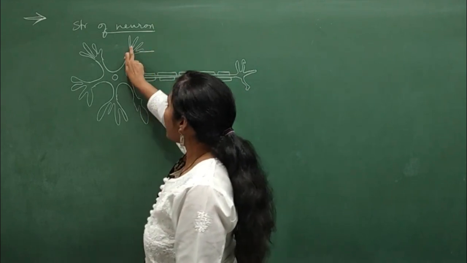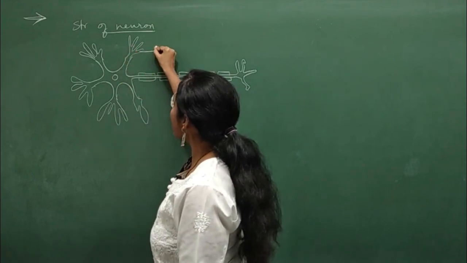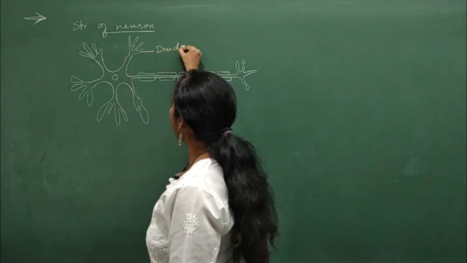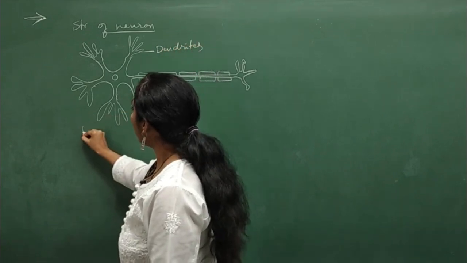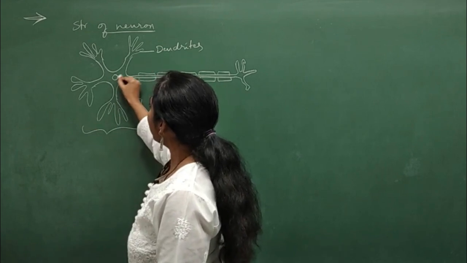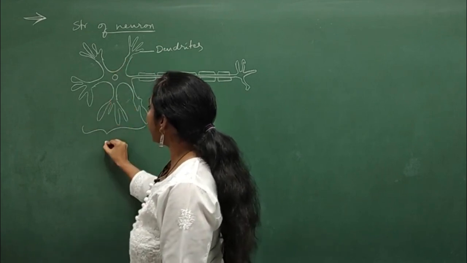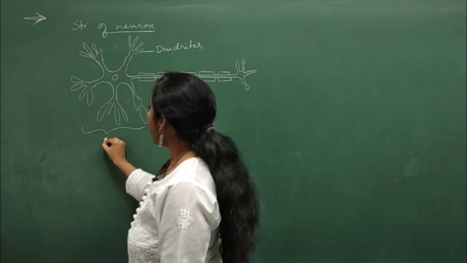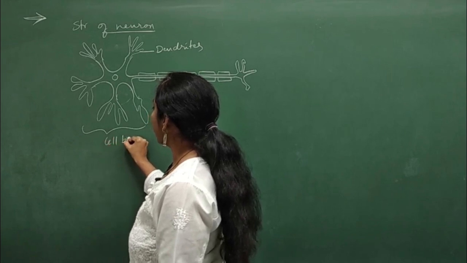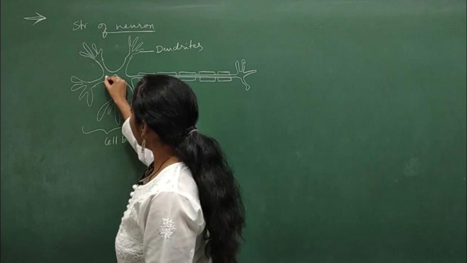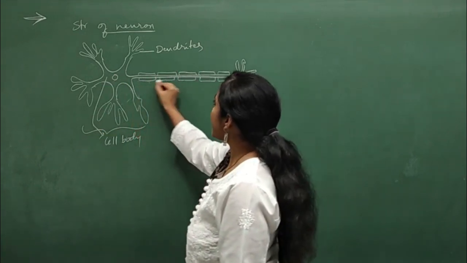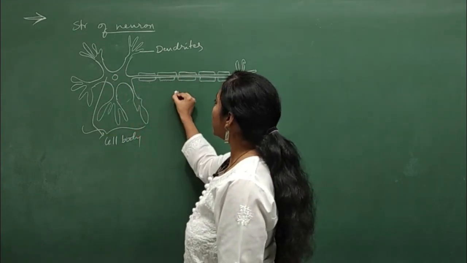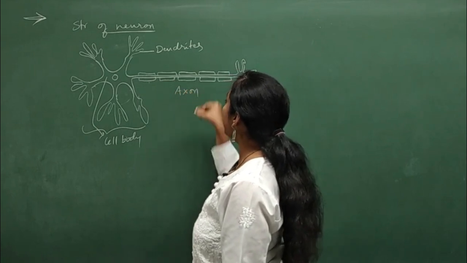These finger-like or hair-like structures are called dendrites. Clear? And this whole thing, the nucleus and the whole thing, is called the cell body. And this whole long elongated tube-like structure is the axon.